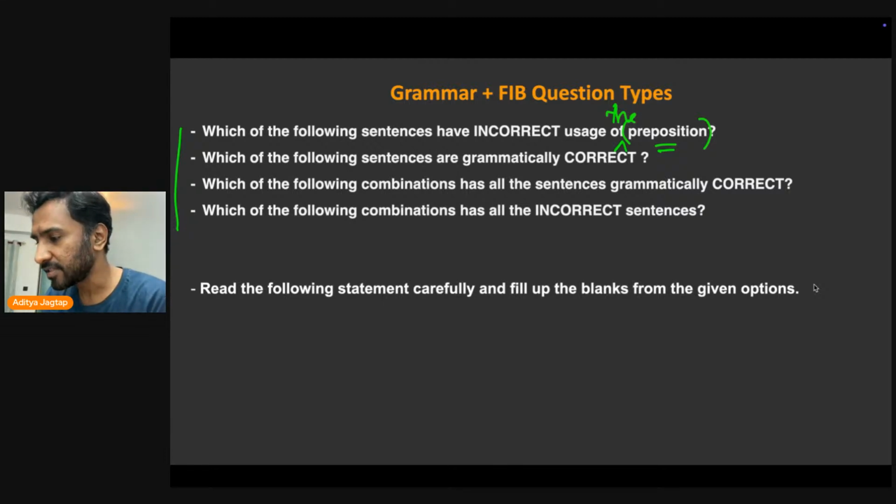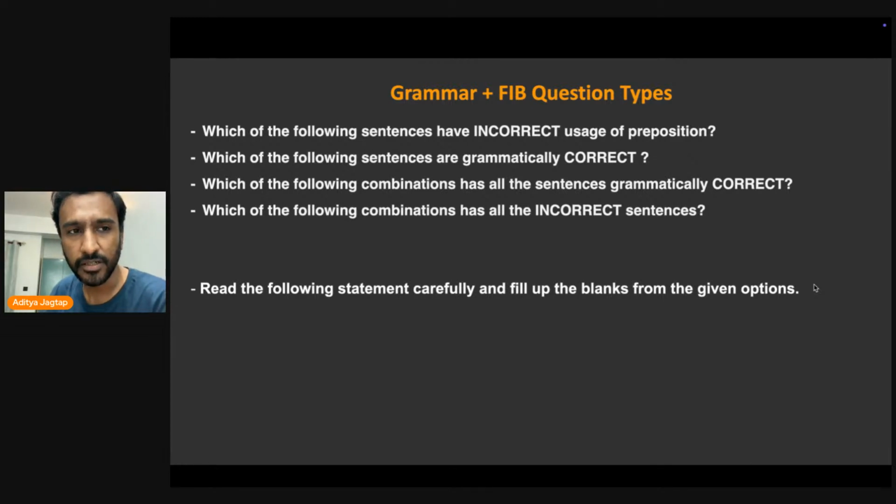But in any case, this is the question, so we don't have to analyze it. If you notice, these are all sentence correction variants, and they're asking us to choose grammatically correct or incorrect sentences. Again, a great source is the CAT papers.